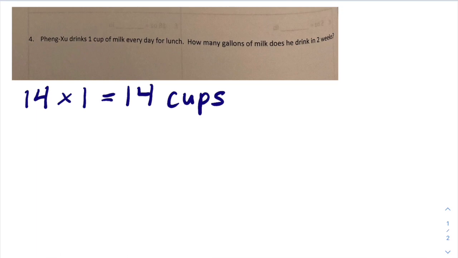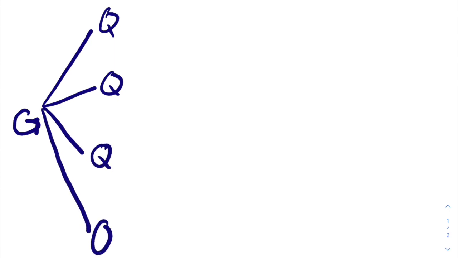So then I have to think about how many cups are in a gallon. I know that a gallon is 4 quarts. And then a quart is 2 pints.